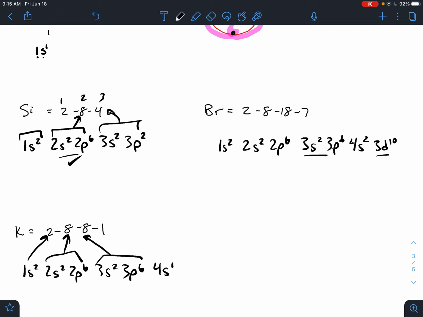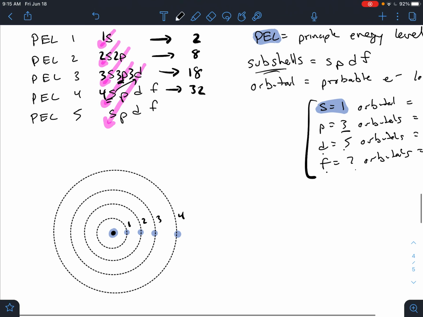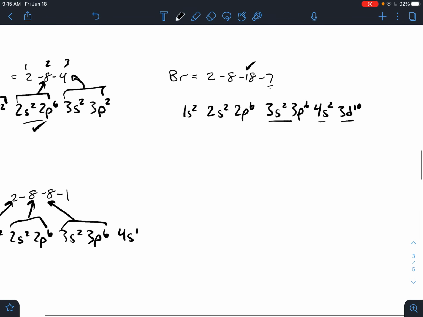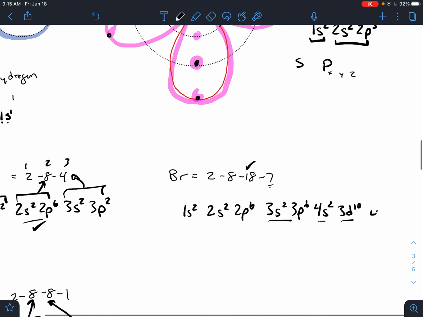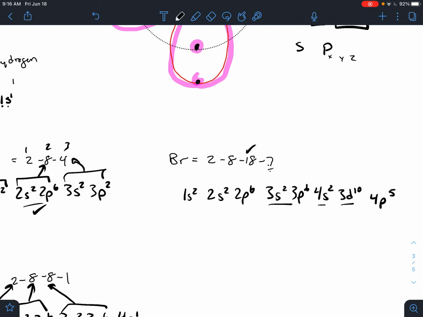Look at our third: 18. Check. Our fourth one has 7 though. So the next thing we go after 4s, 3d, is 4p. How many do we have left? 7 minus 2 is 5. 4p5. Okay, that's probably as far as you'd ever go with this.